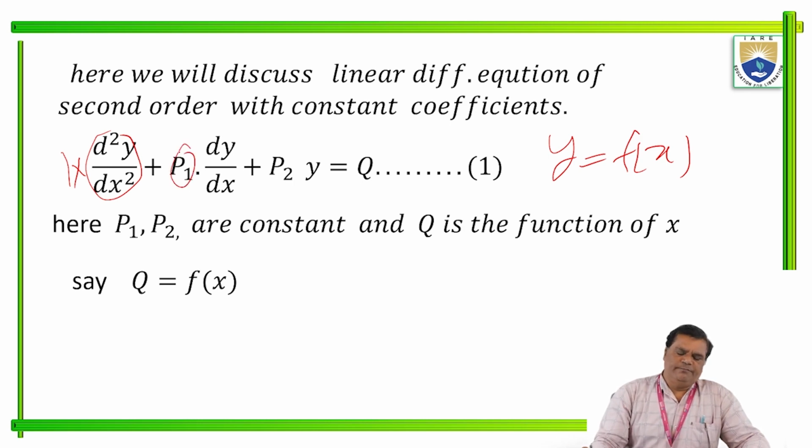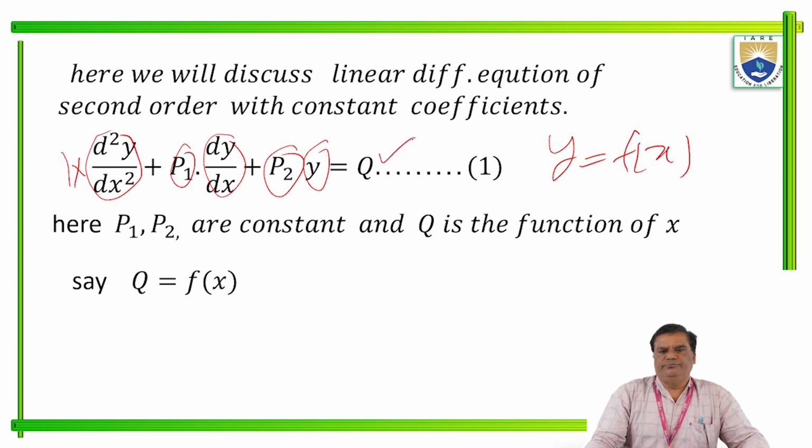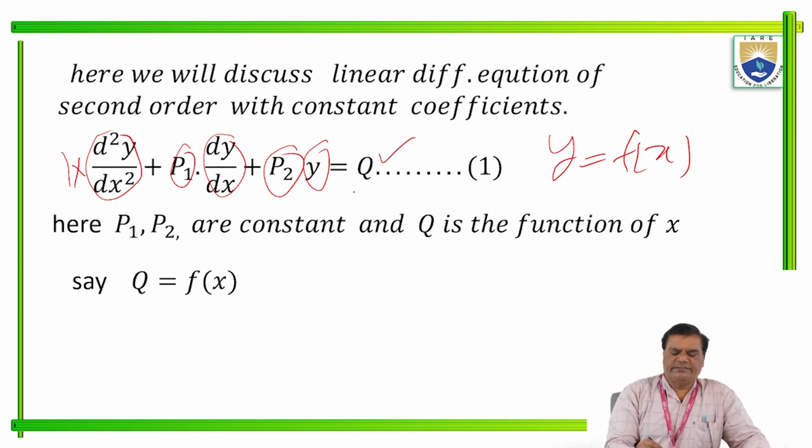P1 is a number, and it multiplies the first derivative. Next is P2, a number, which multiplies y, some function of x. On the right hand side there is q, a function of x. So this is known as a linear differential equation of second order with constant coefficient.